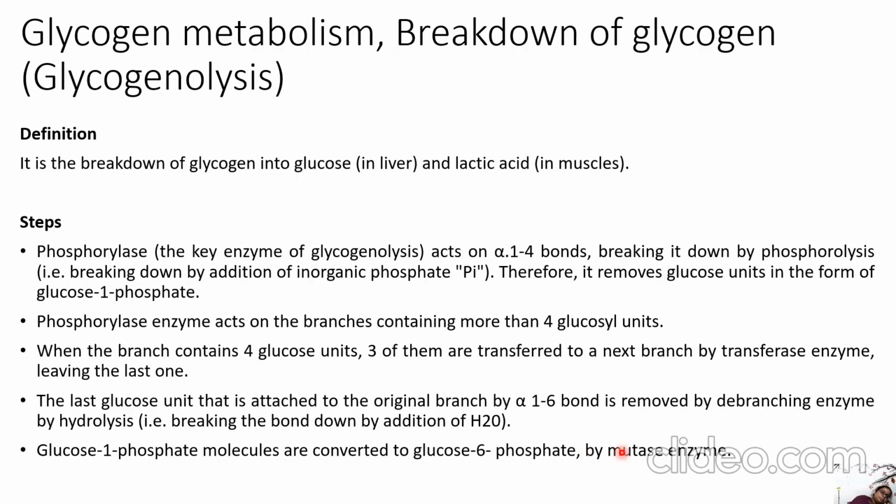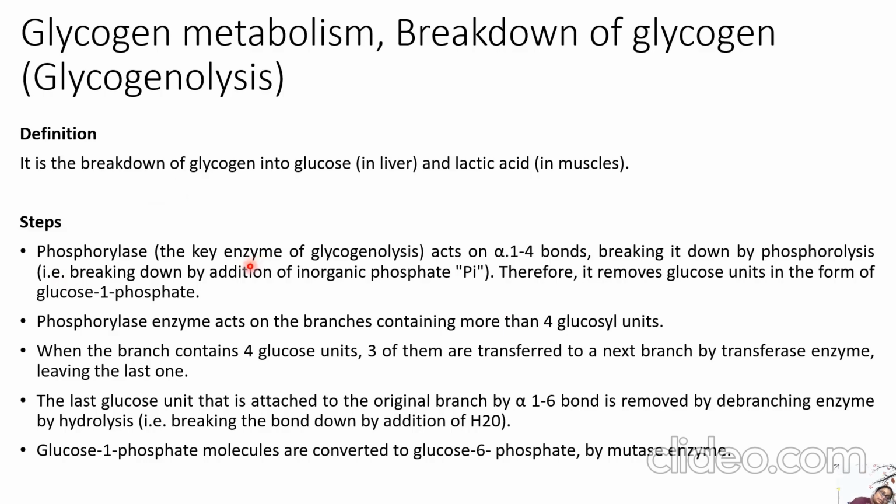Now if we talk about glycogen breakdown, glycogenolysis is the breakdown of glycogen into glucose in liver and lactic acid in muscles. Phosphorylase, the key enzyme of glycogenolysis, acts on alpha 1,4 bonds, breaking them down by phosphorolysis, that is, by addition of inorganic phosphate. Therefore, it removes glucose units in the form of glucose 1-phosphate.